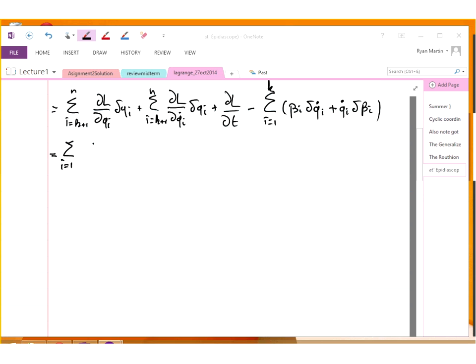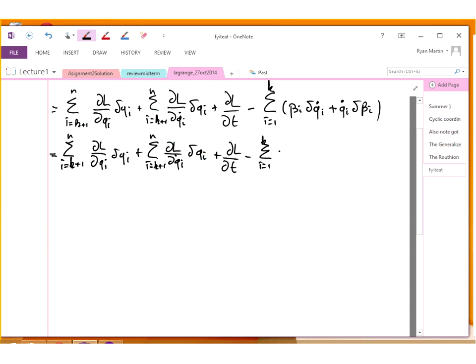Sum of i equals k plus 1 to n of ∂L/∂qi δqi plus the sum of i equals k plus 1 to n of ∂L/∂qi dot δqi dot plus ∂L/∂t minus the sum of i equals 1 to k.